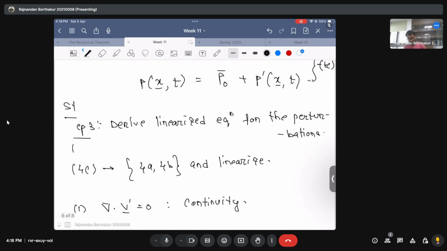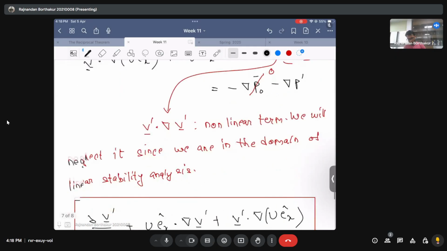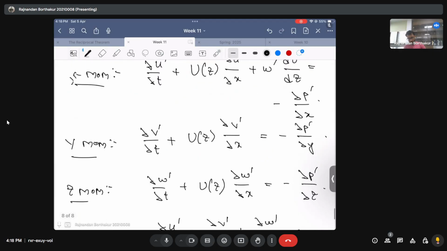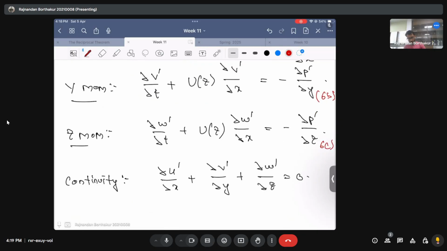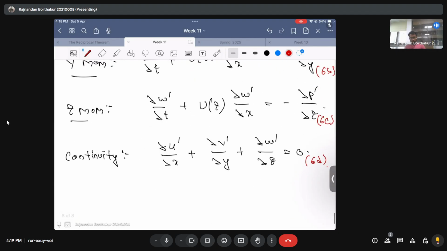I will name these equations. Let's name these equations 5a and 5b, and these equations in component form, let's name them 6a, 6b, 6c, and this is 6d. All right, I'll stop here for a couple of minutes.